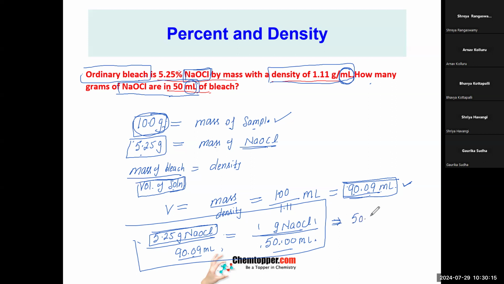So 50.00 ml of the solution times, we know that 5.25 gram of NaOCl is present in 90.09 ml. ml solution cancel. This is dimensional. And you'll get the same answer which you are reporting here.